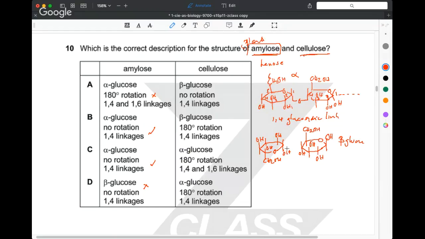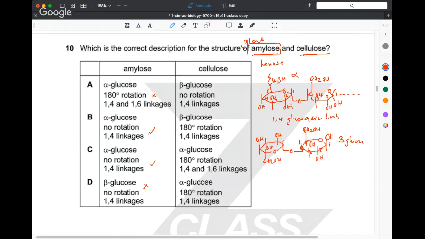And you can see here we're about to form a condensation reaction by eliminating a water molecule here. So let's eliminate that. And we've formed a glycosidic bond there. Now, if we count round, that's 1, 2, 3, 4, 5, 6.